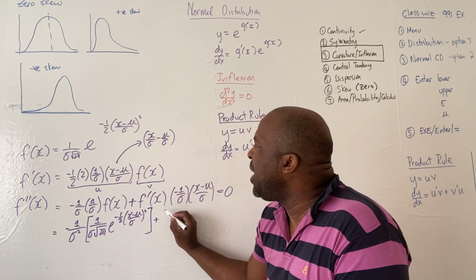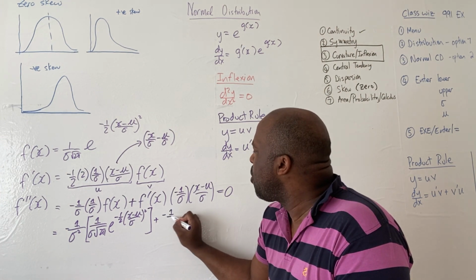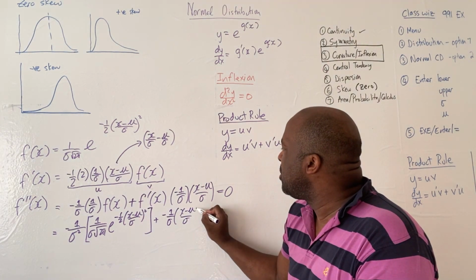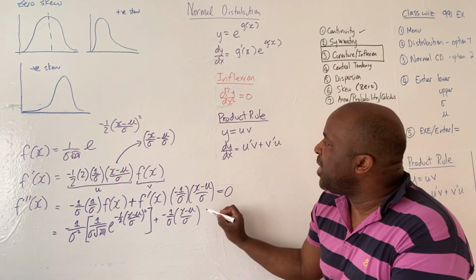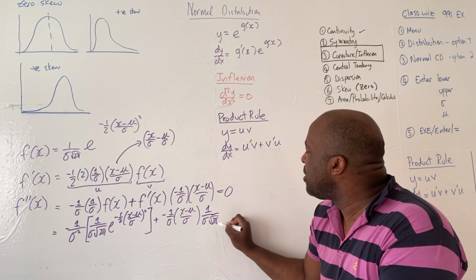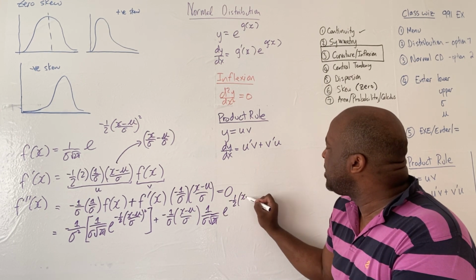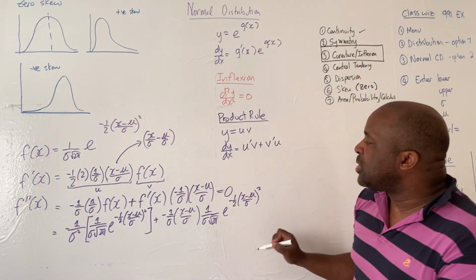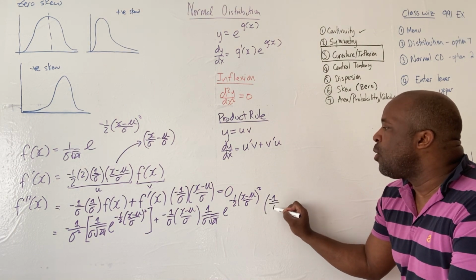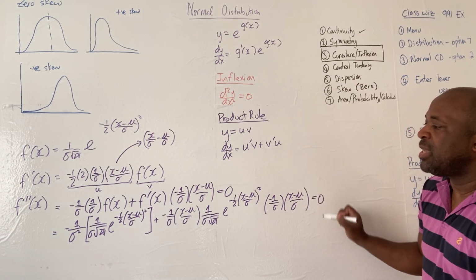So that's going to be minus 1 over sigma times x minus mu over sigma times f of x, which is 1 over sigma root 2 pi times e to the minus a half x minus mu over sigma all square, now multiplied by that expression times minus 1 over sigma x minus mu over sigma, and all of that must be set equal to 0.